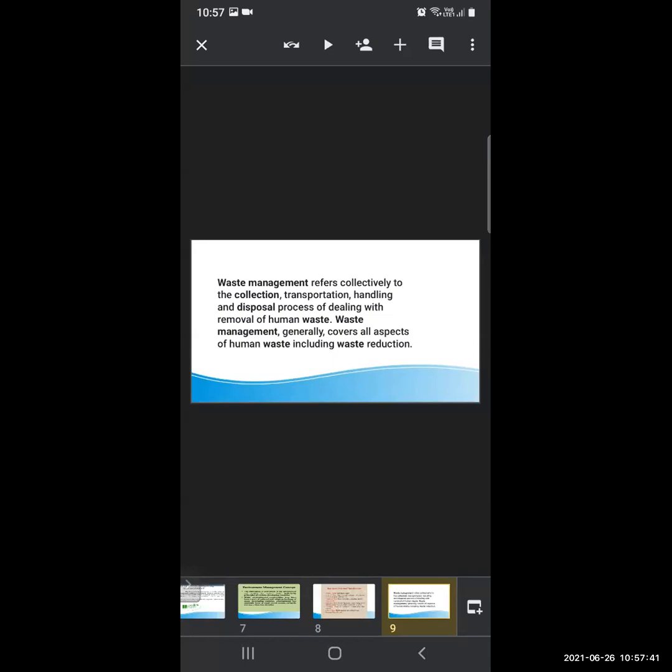So from organic waste we can make manure, that is a good fertilizer. Then dry waste is used, in dry waste many of the things can be recycled, reused. So in this way they have planned the waste management.